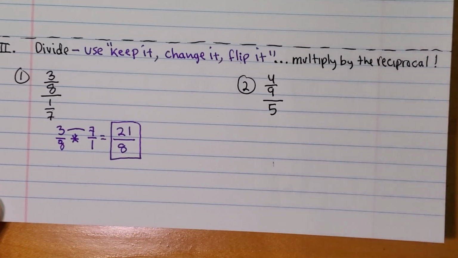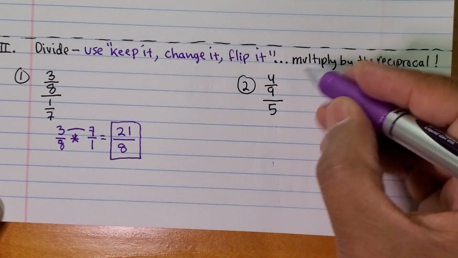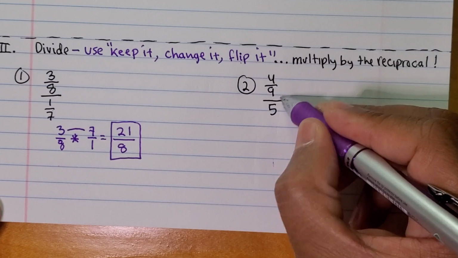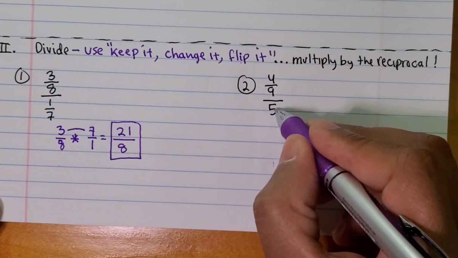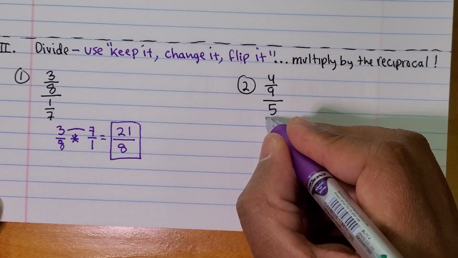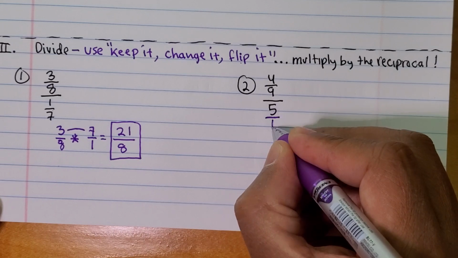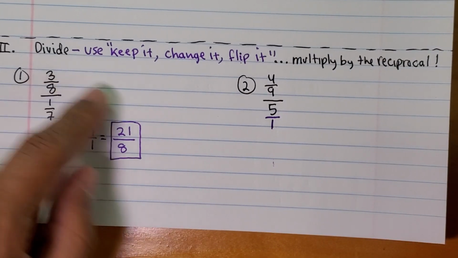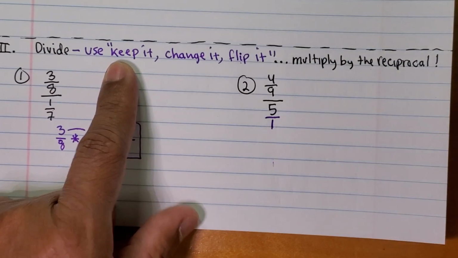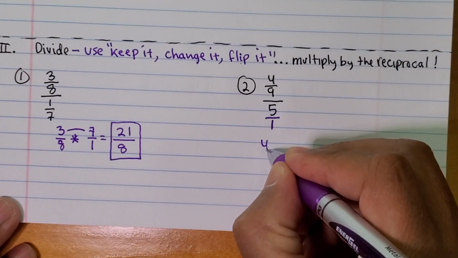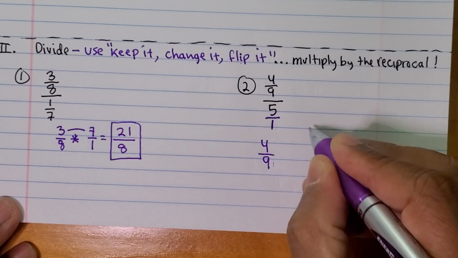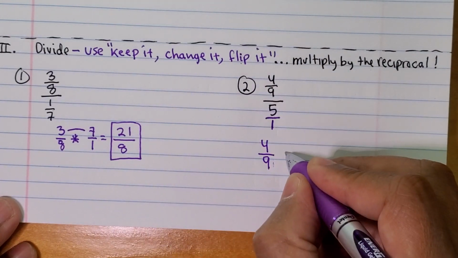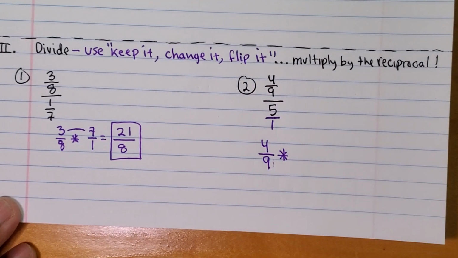On the next example, notice that we have 4/9 divided by 5. This is a whole number, so I need to turn this into a fraction by writing a 1 under the 5. Now I'm going to apply this again. I'm going to keep the first one, so that's going to be 4/9. I'm going to change the operation from division to multiplication.